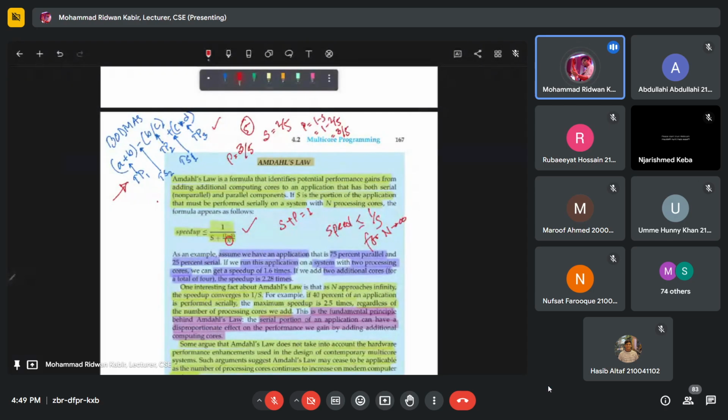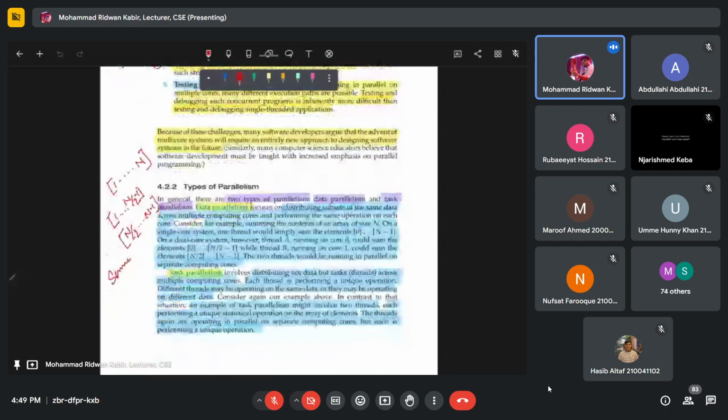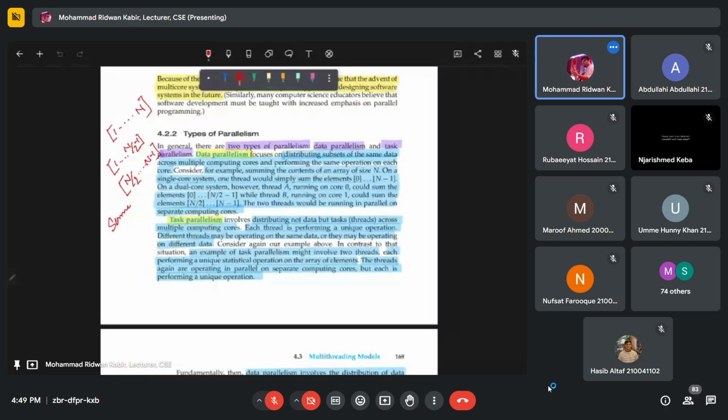But here, since that is not the case, you're distributing tasks across processing cores on the same data. That is, you are applying task parallelism. Okay, so task parallelism is ensuring that you have a unique operation in each thread. But there is flexibility that you could operate on the same data or on different data. So that is not a problem with task parallelism.